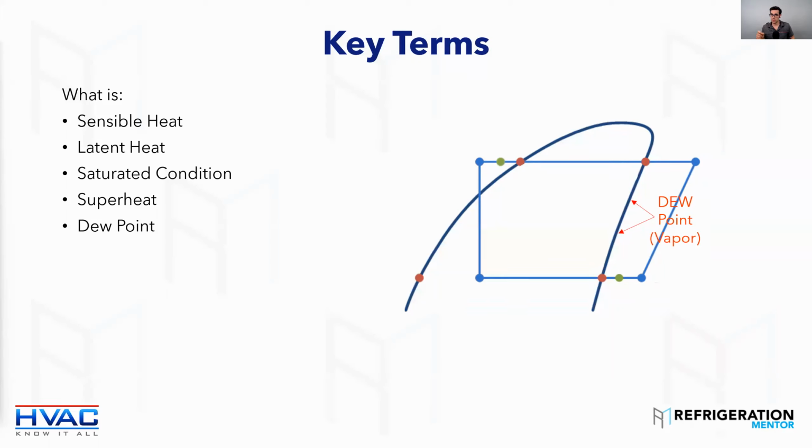Make sure you use the vapor point or the dew point when you're checking superheat. Go ahead, Gary. Yeah, I was going to say you're bang on there, and that's a good way to remember it: dew superheat and bub subcool. So if you're checking superheat, go to the dew point. If you're checking subcool, go to the bubble point.